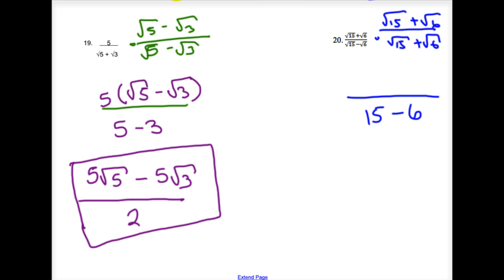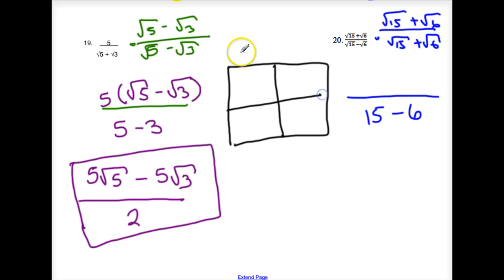And then I want to do the box method for the top. I have square root of 15, square root of 6, that's a plus, square root of 15 plus square root of 6. Now I want to FOIL each out to fit in my boxes.